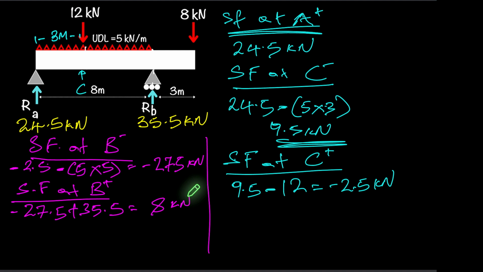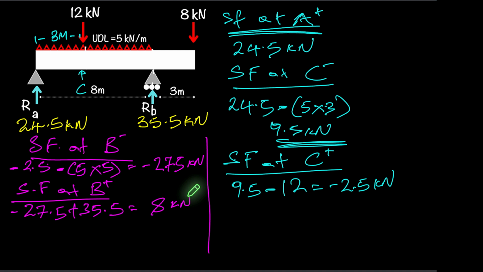And I hope you can see where this is going, because now I'm going to go just at the tip of the overhang, and at that point I'll just go just after that 8 kilonewtons. I normally go just before and just after, but for now I'll just go just after.